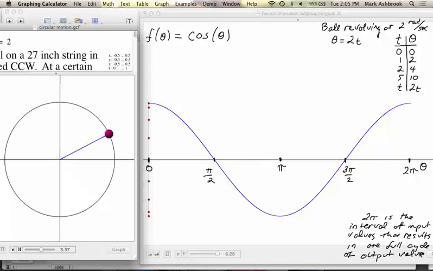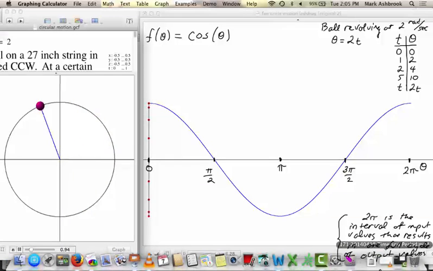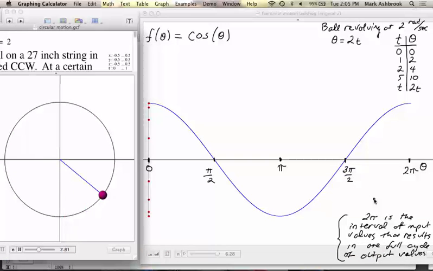So there's a name for that. Anyone know it? What's that called? The interval of input values, in this case 2 pi, that results in one full cycle of output values. Rotation. Okay, so it's one rotation of the ball. Is it that period? That's the period. That's the definition of the period.